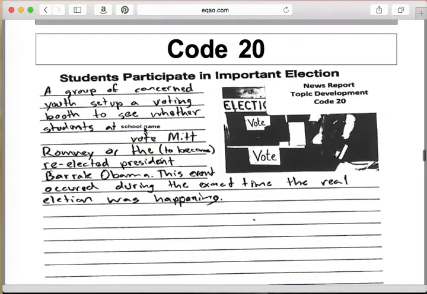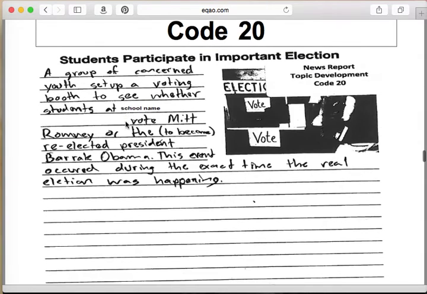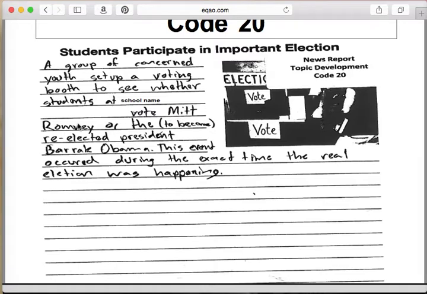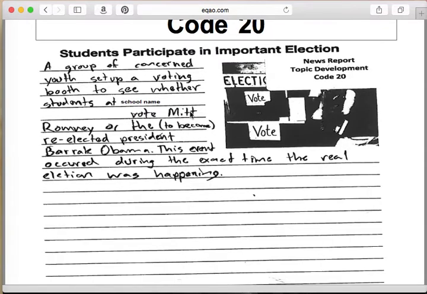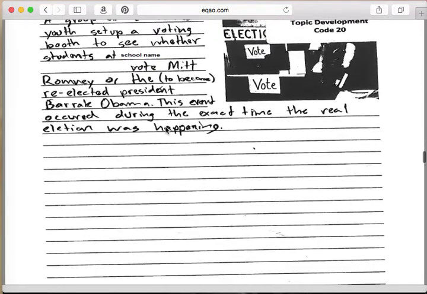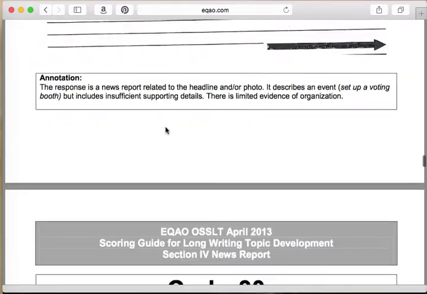Moving up, you can see that there are 2 paragraphs here. Something interesting here, there is a detail. The student refers to Mitt Romney and Barack Obama, actual American politicians. So you can see the difference there between the code 10 and the code 20.